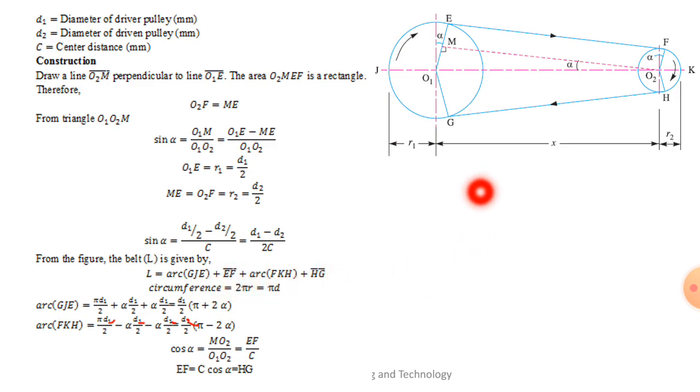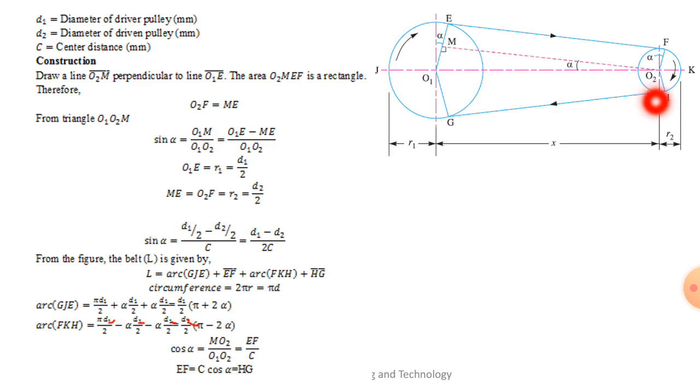Similarly, you have to find one more arc length related to the driven pulley, that is arc length FKH. The same concept you have to use. Here you can see the angle of contact will be lesser than 180 degrees. 180 degrees is nothing but pi. Here it was pi plus 2 alpha, but here it is pi minus 2 alpha, alpha here and alpha here.